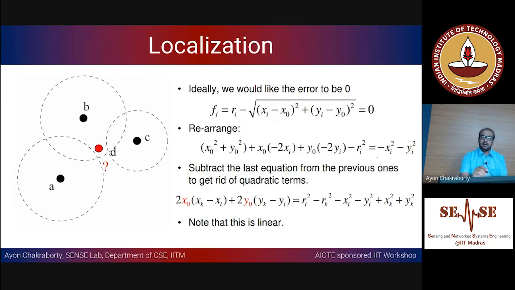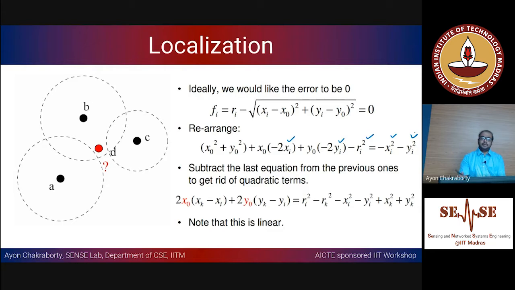In all these cases, please note that xi, yi, Ri are known values, in the sense that you have access to them. They could be erroneous, but erroneous does not mean you don't have access to those values. You have erroneous estimates of those values.